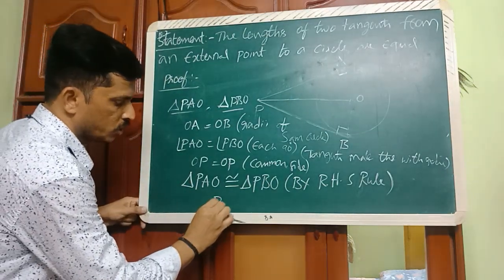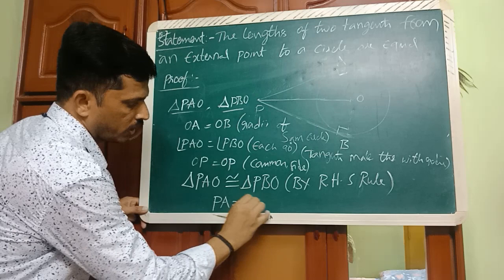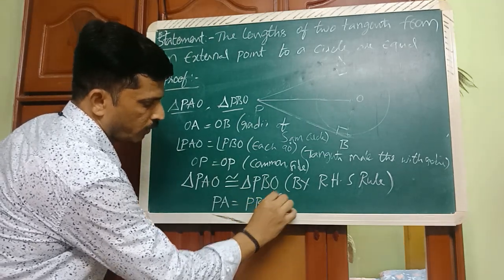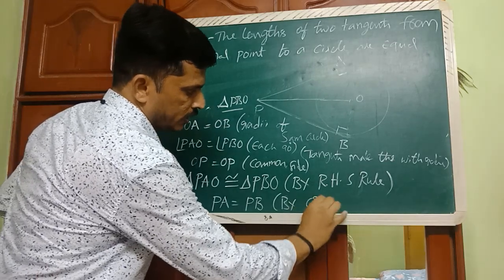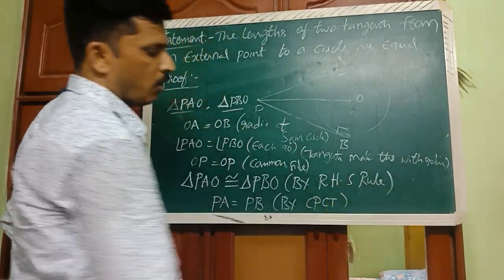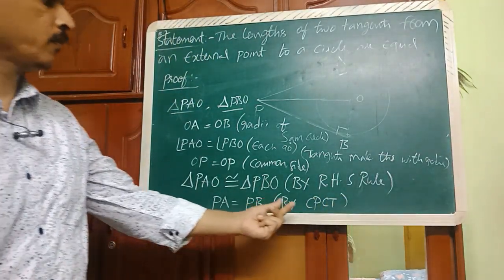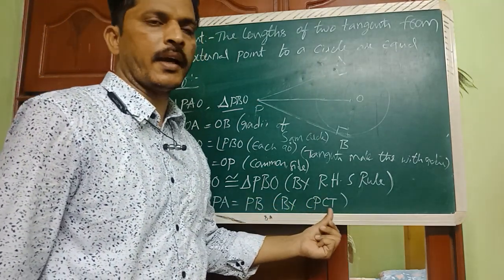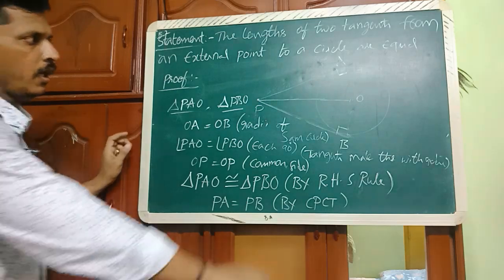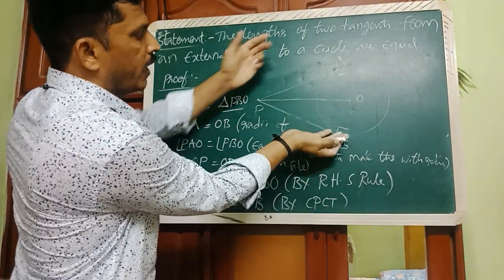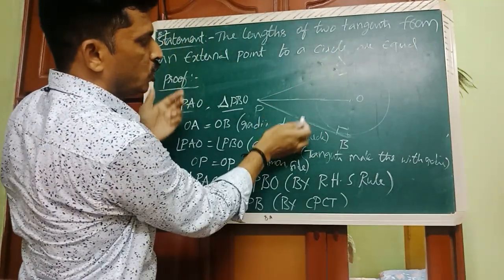Therefore, if these two triangles are congruent, the remaining two sides are also equal. PA is equal to PB by CPCT, corresponding parts of congruent triangles, are equal. If these two triangles coincide, you will get these two equal.